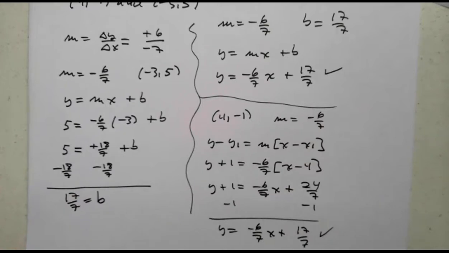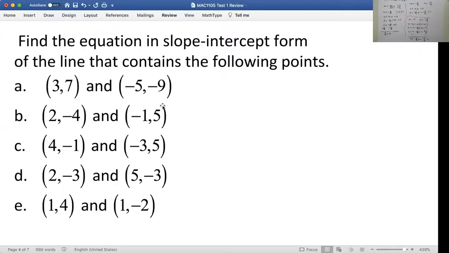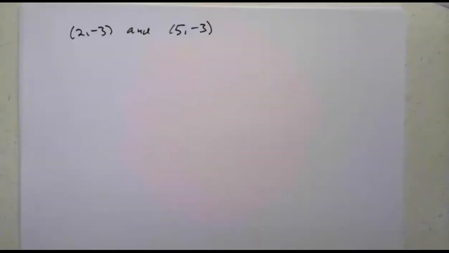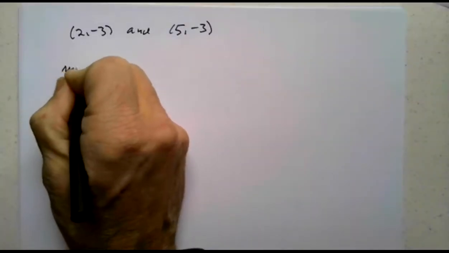Our next question in this set is 2, -3 and 5, -3. So how are we going to do that? Whichever strategy you use, we are going to start with slope.